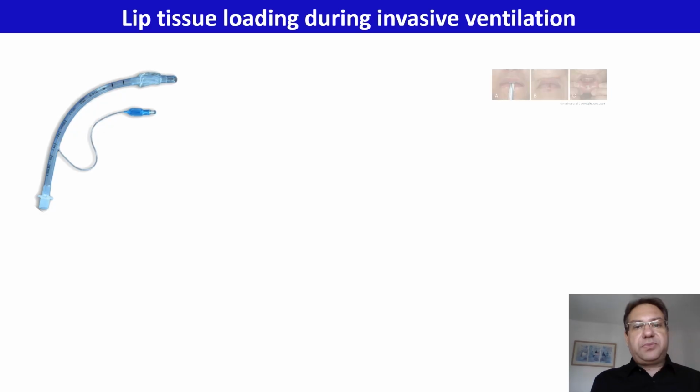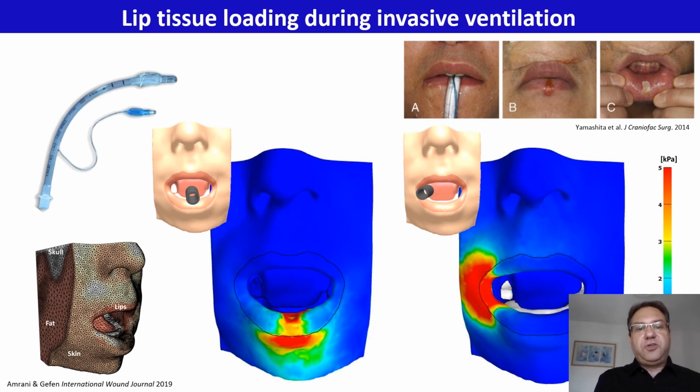Another nice example of using computer simulations is to look at endotracheal tubes, a device that has not been changed for many, many decades, is known to cause device-related pressure ulcers on the lips, as you can see, or facial tissue in general, as you can see at the right-hand upper part of the slide.